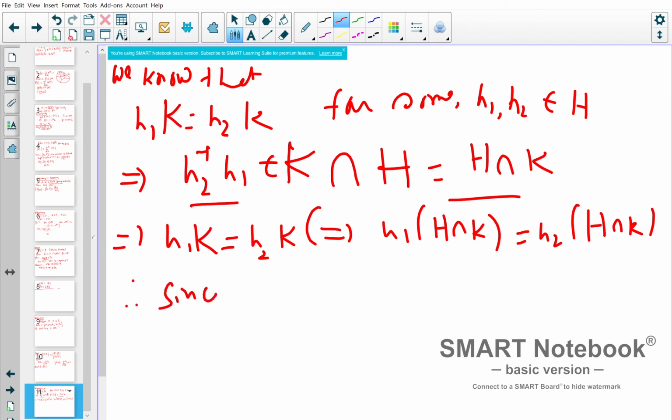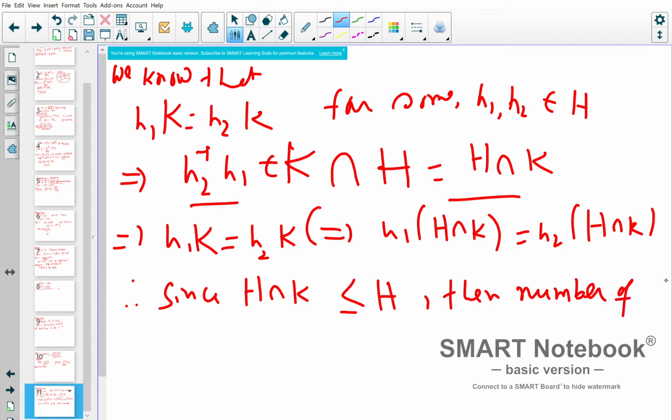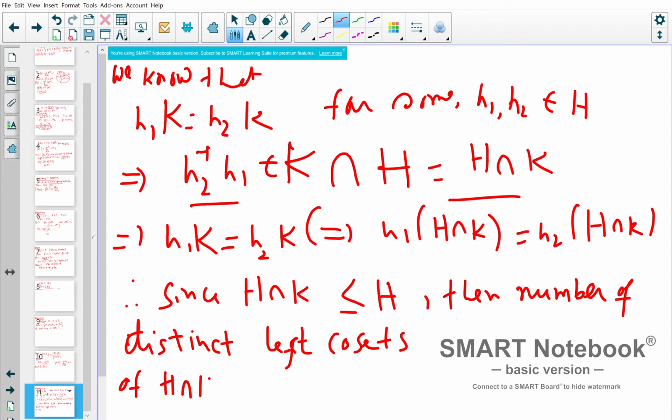Since H intersection K is a subgroup of H obviously, thus the number of distinct left cosets of H intersection K in H is what?